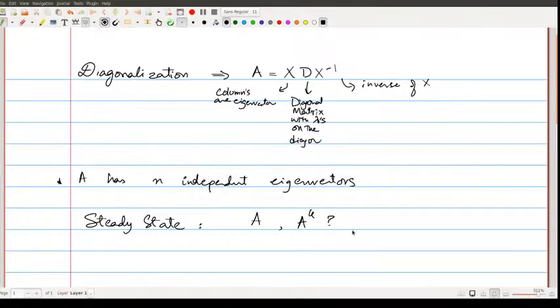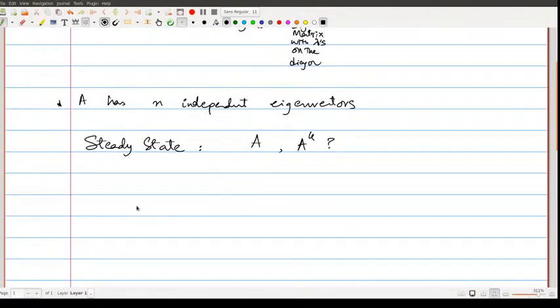And the idea behind the steady state is, for example, let's say you have some rule being applied, that is in every time step, or maybe this A matrix takes us from step k to step k plus 1, and we'll see some applications of this idea, so you'll have some idea of what's really going on. But here's the idea. So let's say you have some initial population u naught, right?